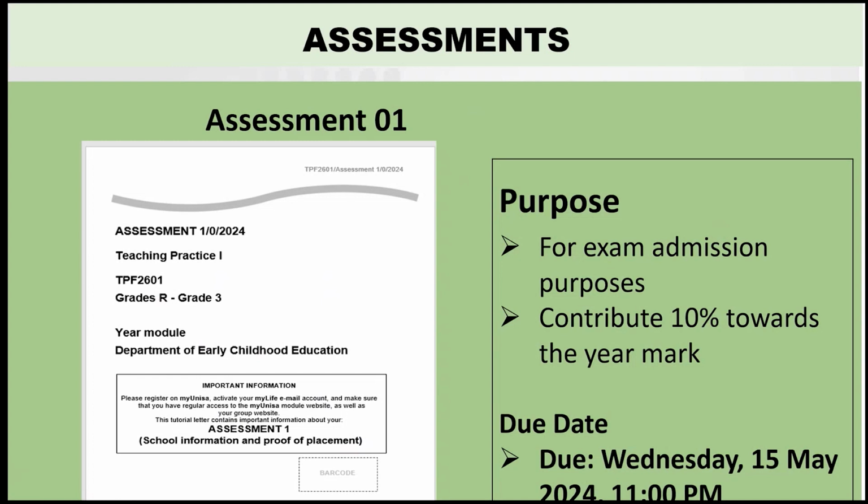Again, if you fail to submit assessment 1 by the due date, you will not be able to submit your exam, which in this module is your portfolio 50 and 51. So the purpose of this assessment is for exam admission. So make sure that you submit assessment 1 so that you can submit your portfolios and pass the module.